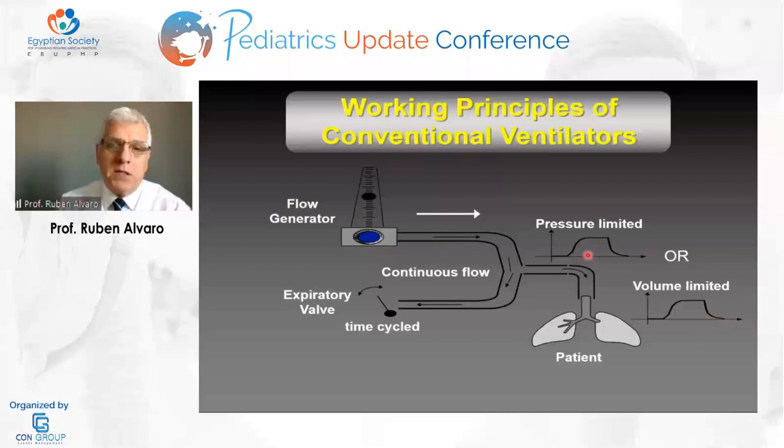When that flow is achieved, the flow will terminate until the inspiratory time that you set is done, and then the valve will open. So when you look at the flow waveform on volume ventilation, you will see the flow waveform is square, because that's the determining factor, okay?